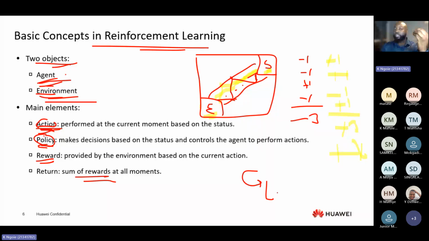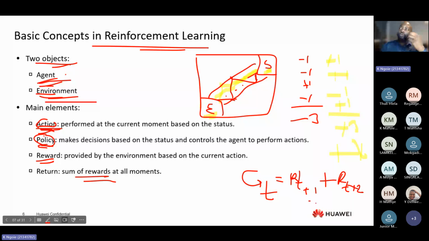This will be the reward at time t+1, right? RT, time t+1 step, plus the reward at t+2, you understand? And then t+3, t+4. So we have all the 4 steps, and that will be the total reward.